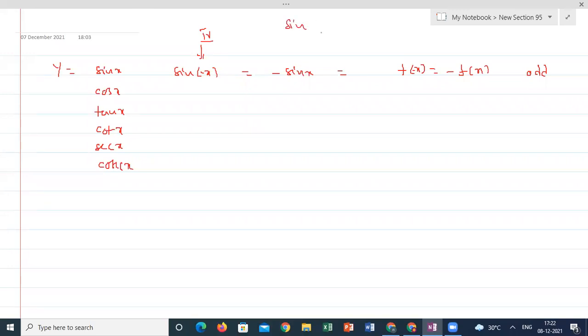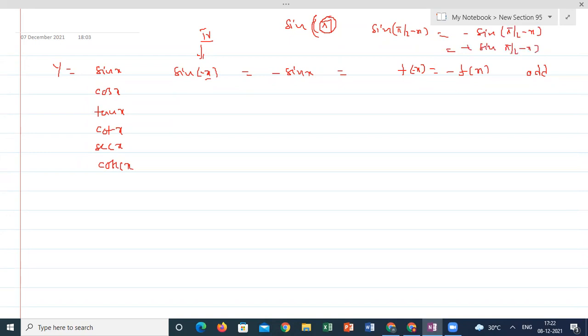But when it is a combination of some angles, then we can't say it is an odd function at that moment. It depends upon the amplitude. That means whatever the angle mentioned, if it is the pure form of x, then only I can say whether it is even or odd by seeing the function. Suppose the function is like this, pi by 2 minus x. If I am replacing minus x with plus x, I can't say whether we will get minus of sine pi by 2 x, or it should come like minus of sine pi by 2 minus x or plus sine pi by 2 minus x.